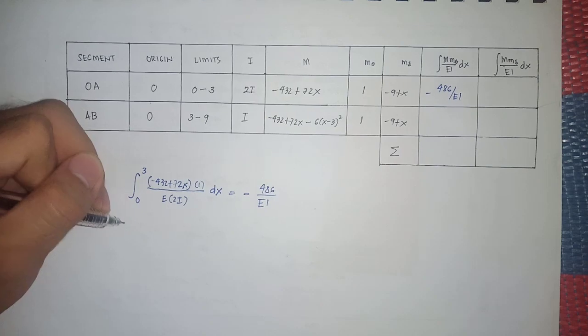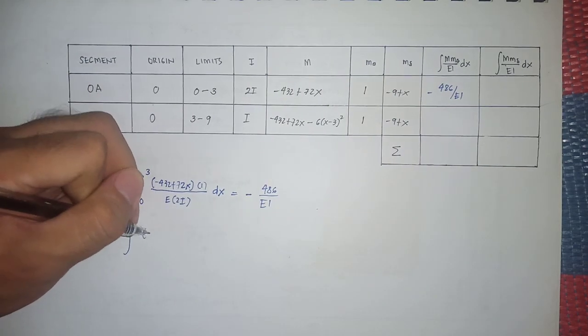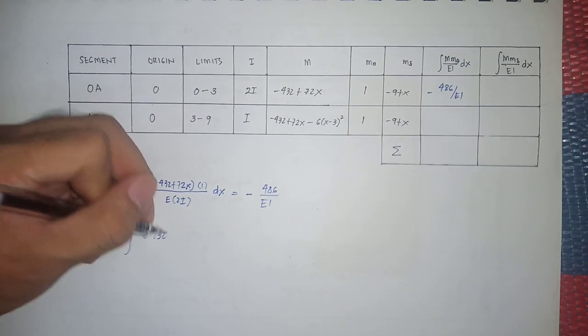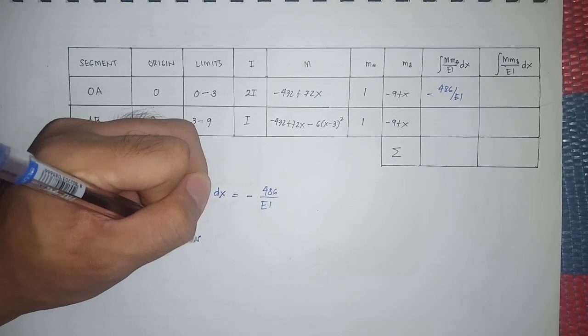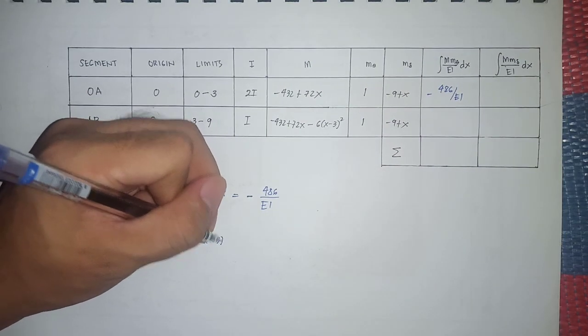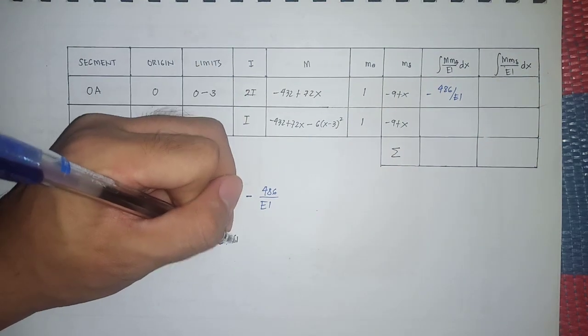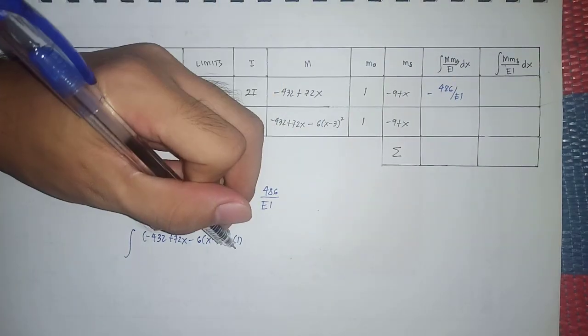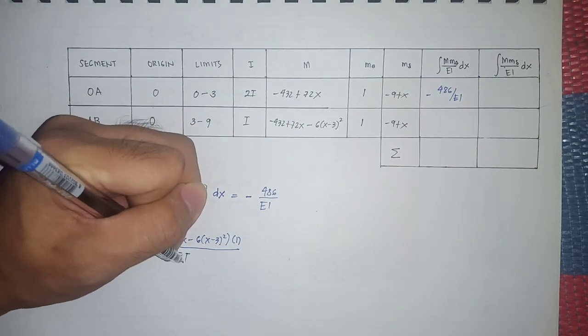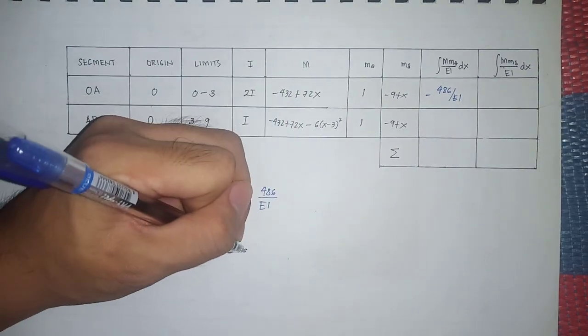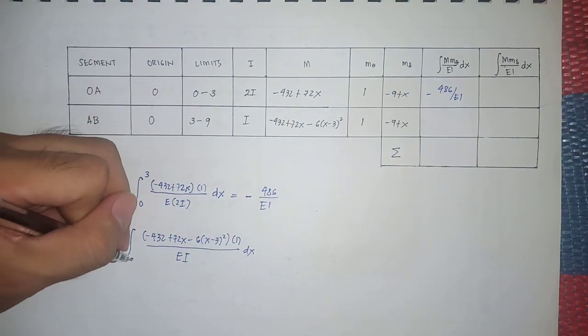How about the second one? Okay, so we have what? Integral of negative 432 plus 72x minus 6 times the quantity x minus 3 squared times 1, ito yon, over EI. Okay, kasi 1 na lang yung I dito, no? Okay, dx from 3 to 9.